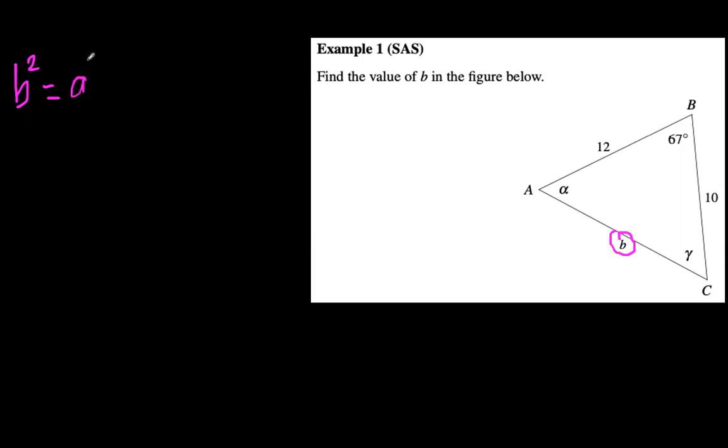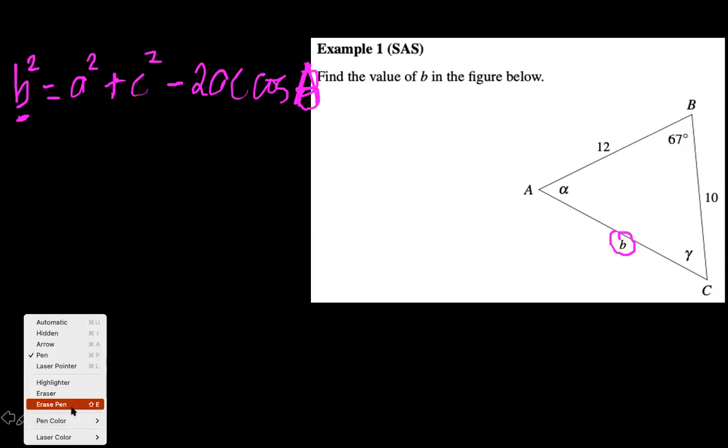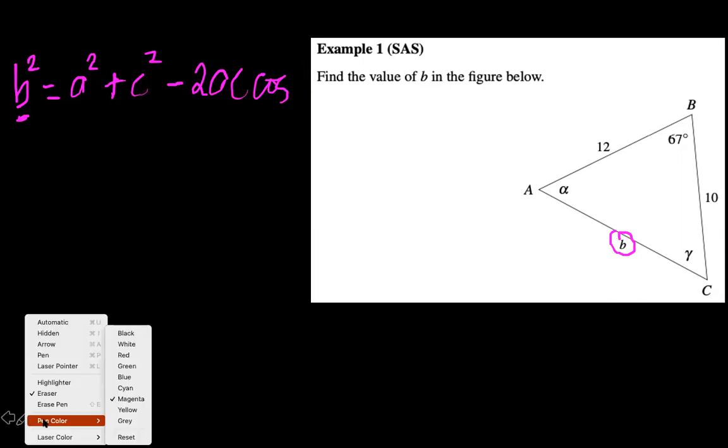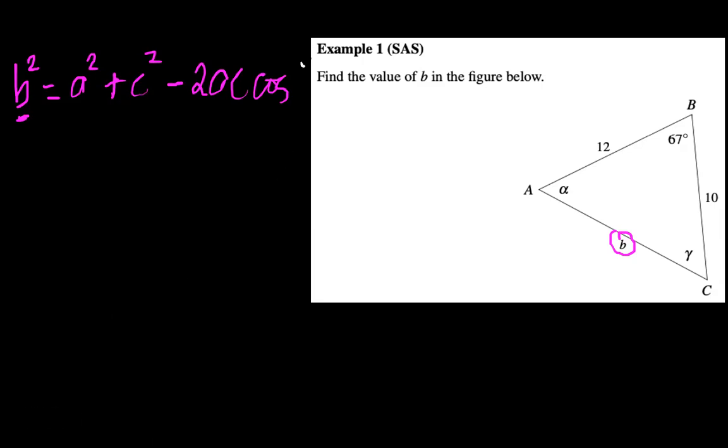And the other two sides, which are not part of the left-hand side in the equation: a squared plus c squared, subtracted by twice the product of the two sides a and c and cosine of the opposite angle of the side b, which is angle B. Sorry, let me fix this. Okay, it should be angle B, right?